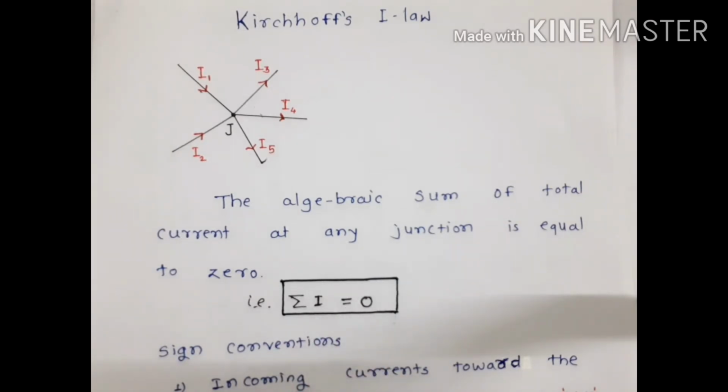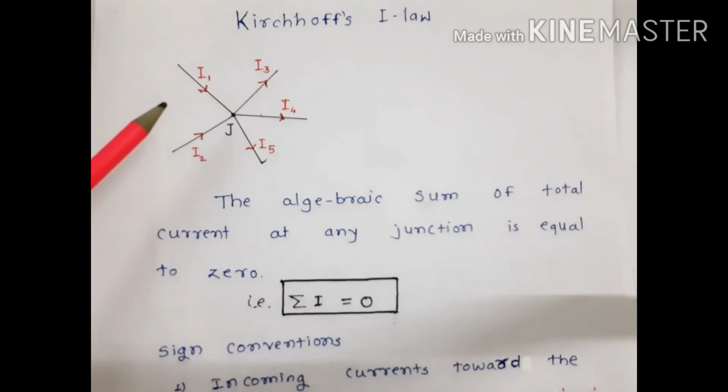I repeat once again, Kirchhoff's first law: the algebraic sum of total current at any junction is equal to 0. Before applying this first law on the diagram, let us see the sign conventions given by Kirchhoff related to this first law.